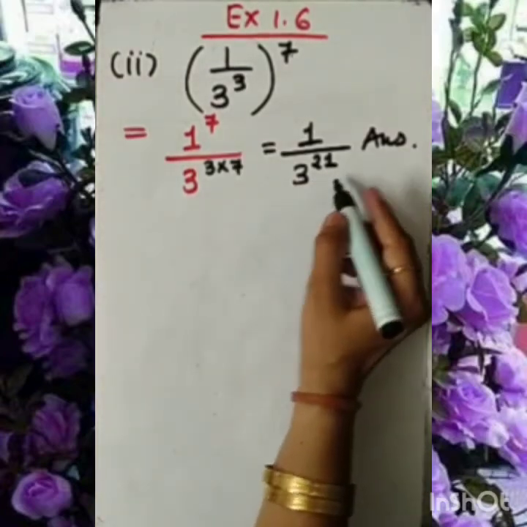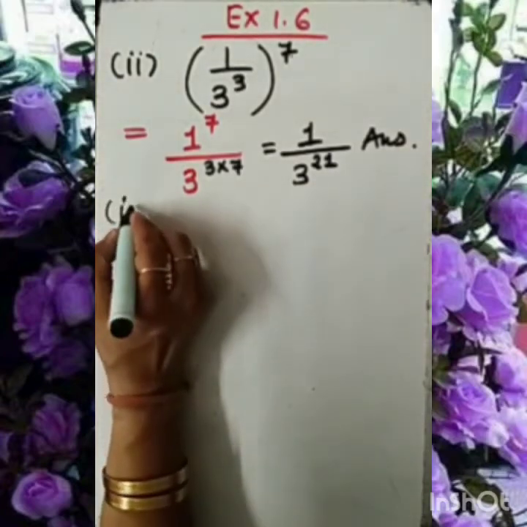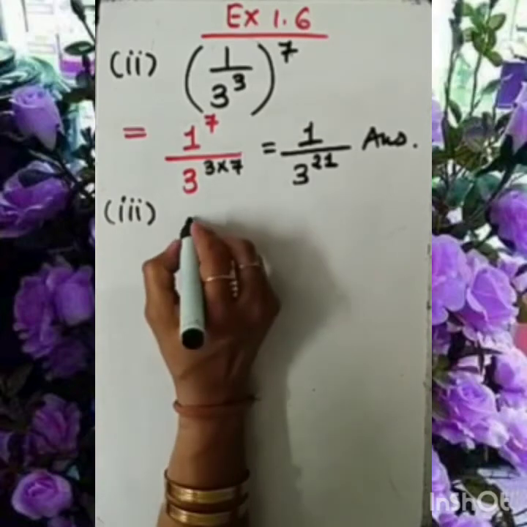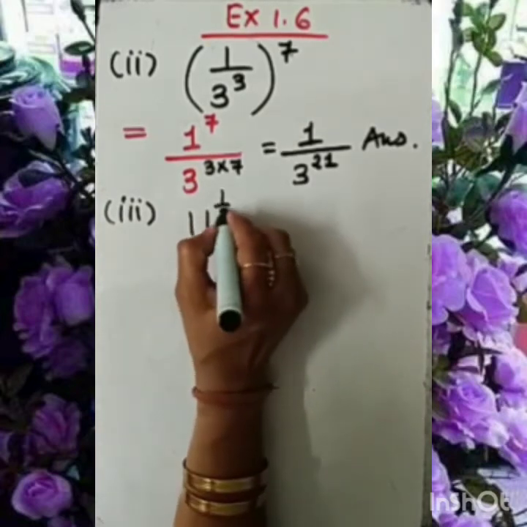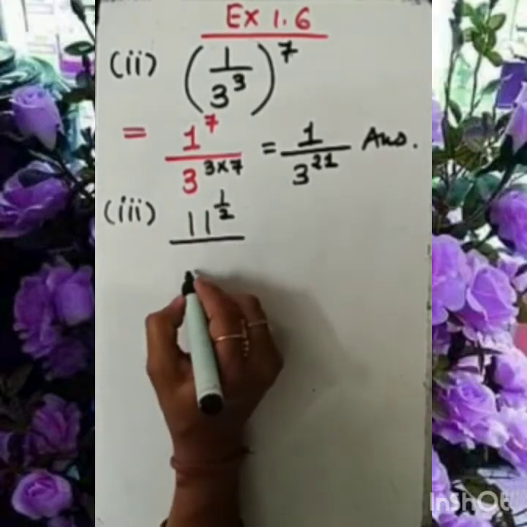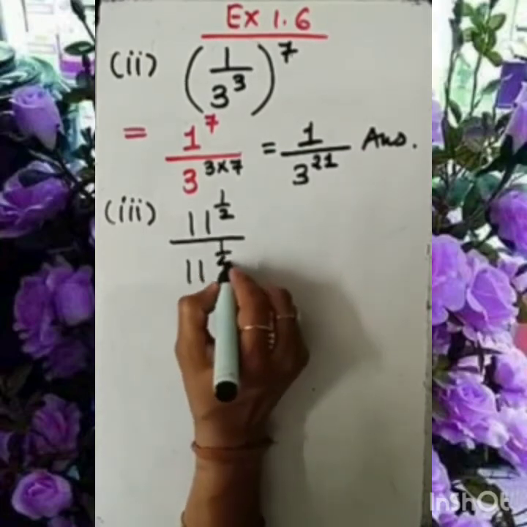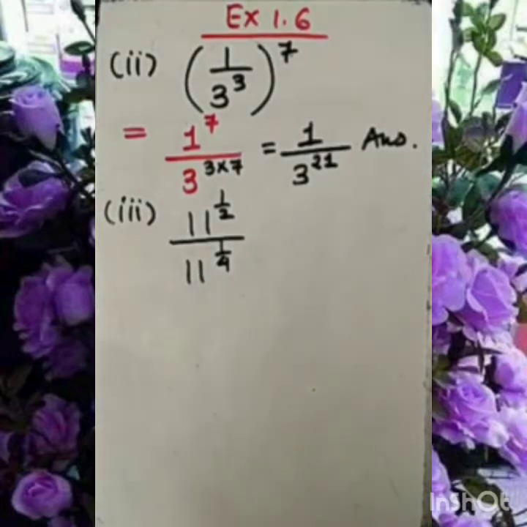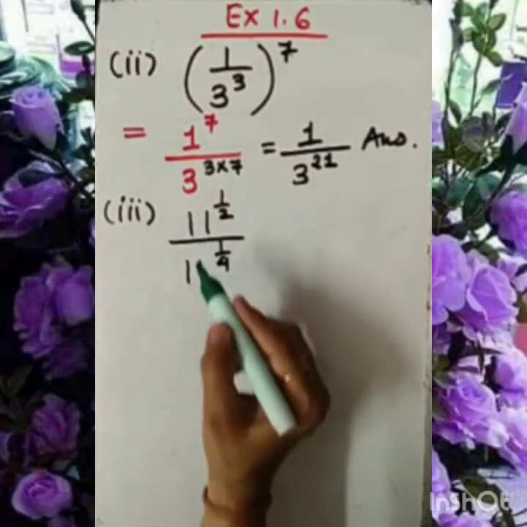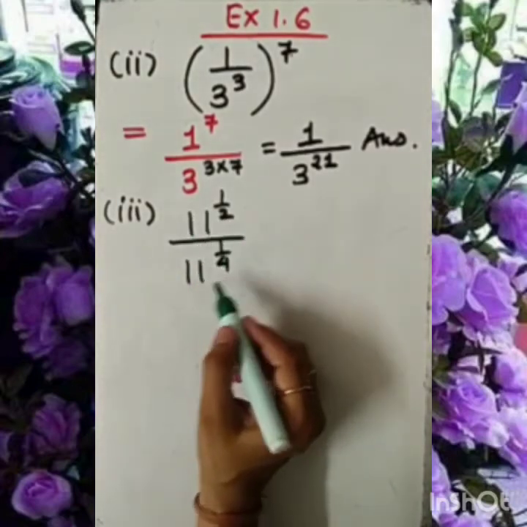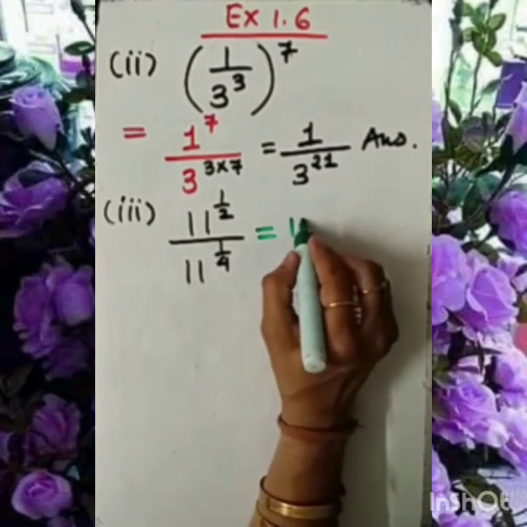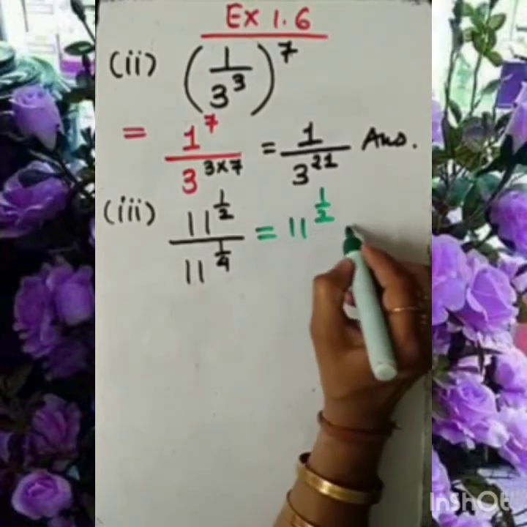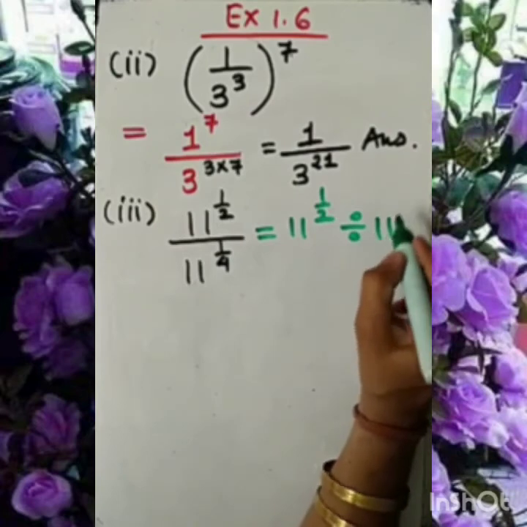Okay. Now we'll work out the third. What we are given in the third, let's note down: 11 to the power 1/2 upon 11 to the power 1/4. Now what is the relation of numerator and denominator? Of course you will say it will be 11 to the power 1/2 divided by 11 to the power 1/4.